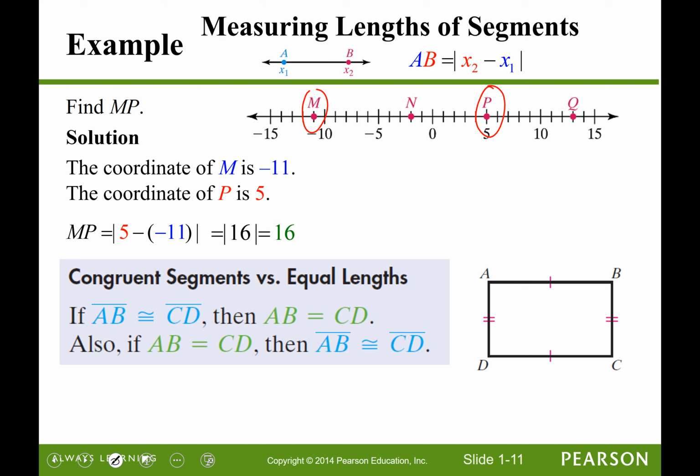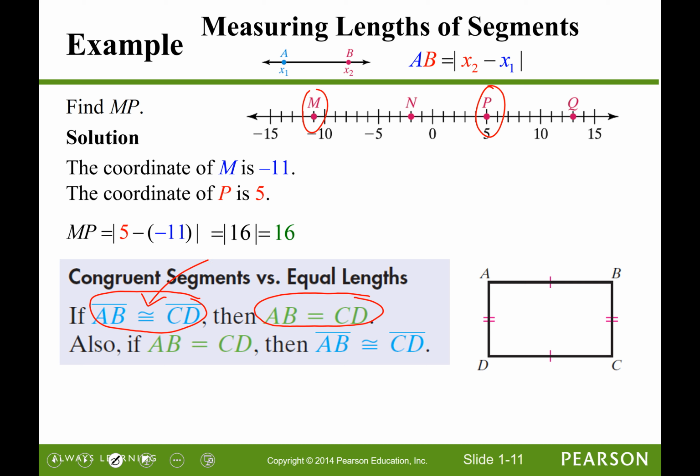Congruent segments versus equal lengths. This is something we're going to have to be careful to learn. The notation is different. If segment AB is congruent to segment CD, then the length of AB is equal to the length of CD. So notice the subtle differences in the notation.